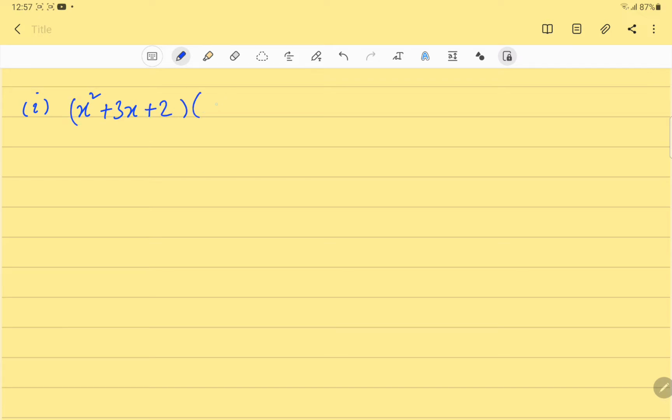The second bracket is x squared plus 4x plus 3, and the third bracket is x squared plus 5x plus 6. We are going to factorize the expressions given in all the three brackets individually. So let's go on with it.